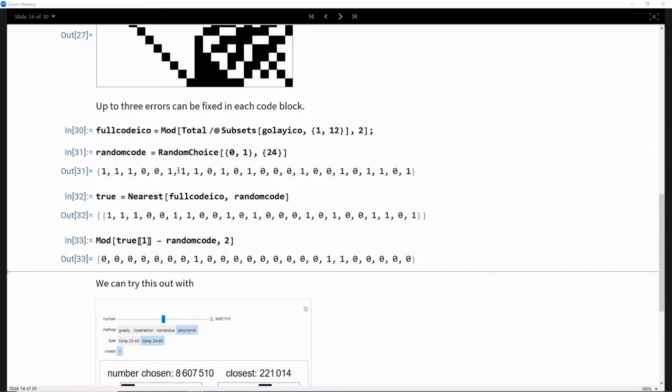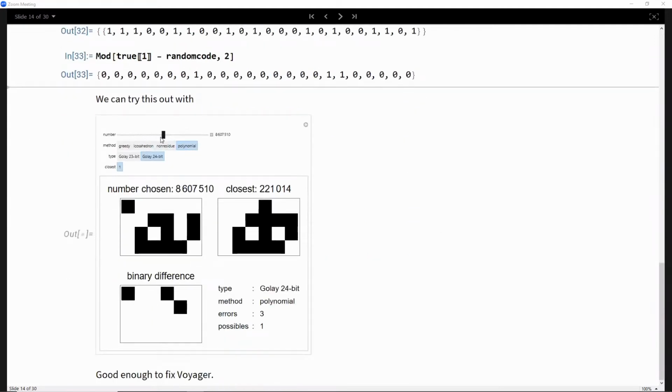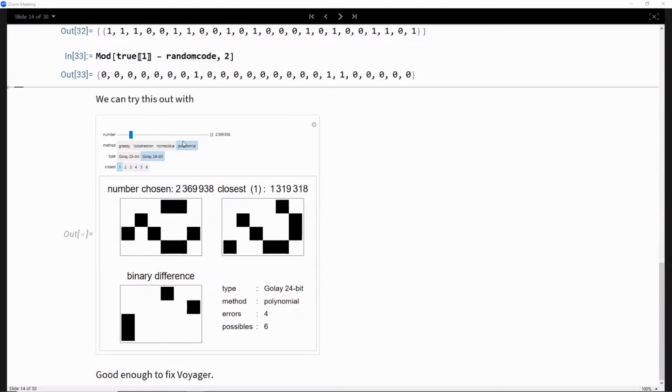For example, if this was the random code, it's these 3 bits that were wrong, and the satellite can correct it. And we can try this out with the Golay code demonstration. If we have a particular code that's been sent in, we can compare it to the full code and then pull out where the difference probably is.